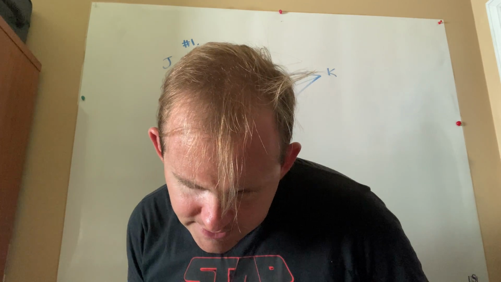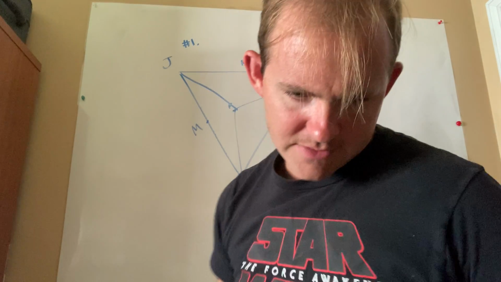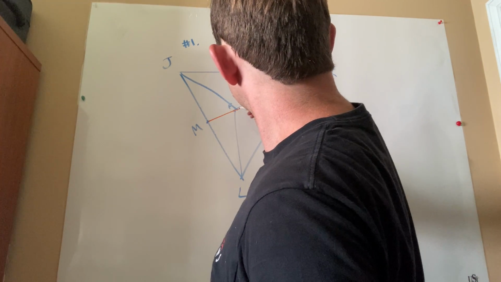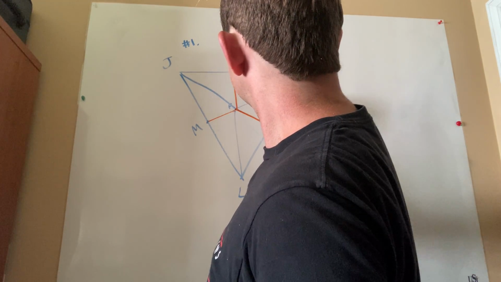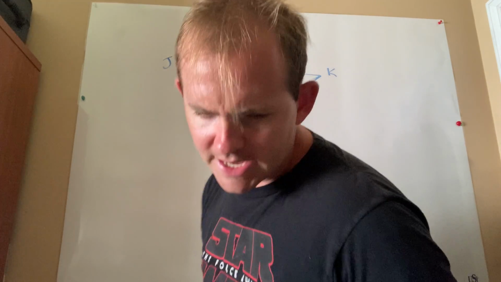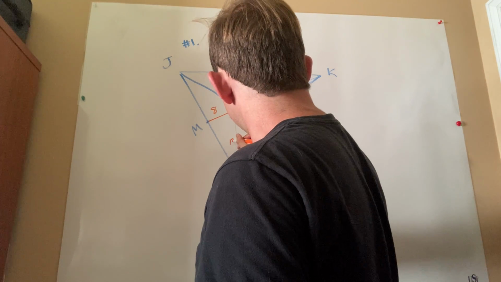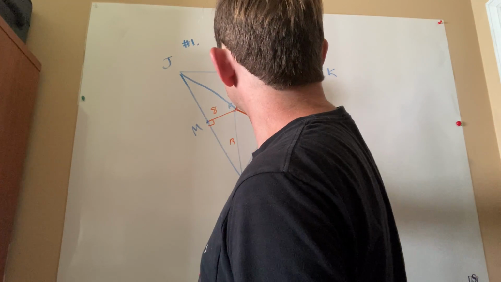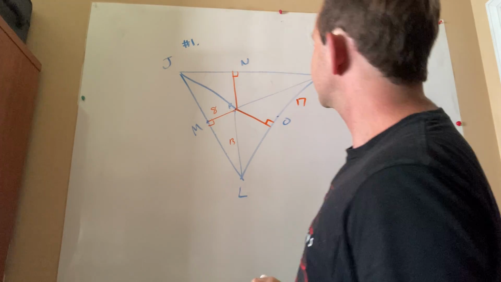All right, and then they tell me a few pieces of information, right? So that's 8, 13, 17, and they tell me these are all right angles because that's what it means to go straight across, right? All right.